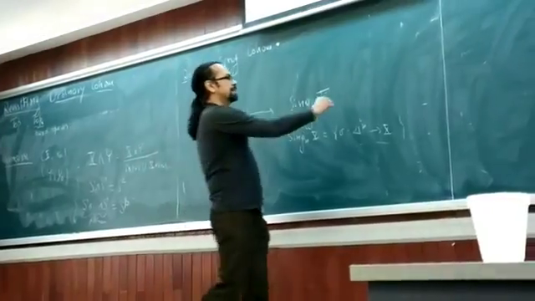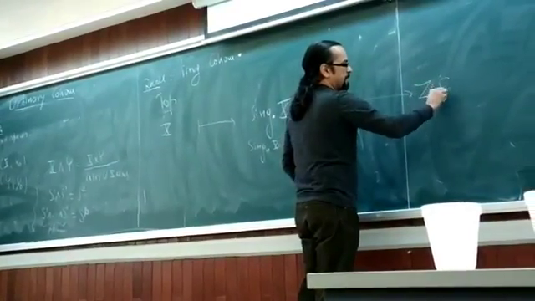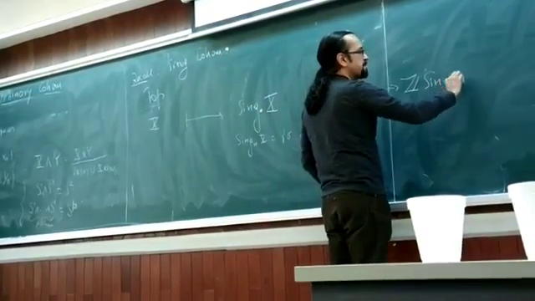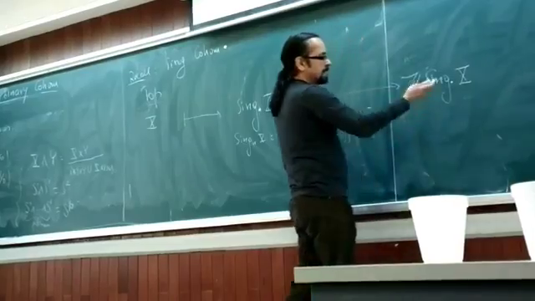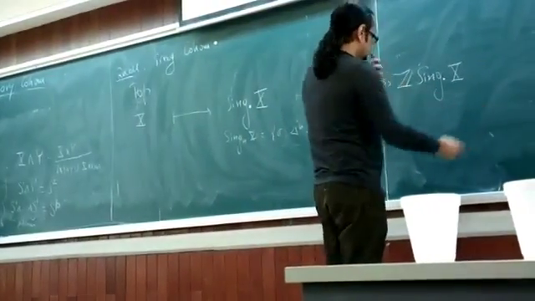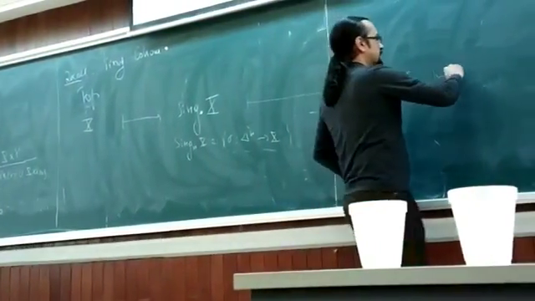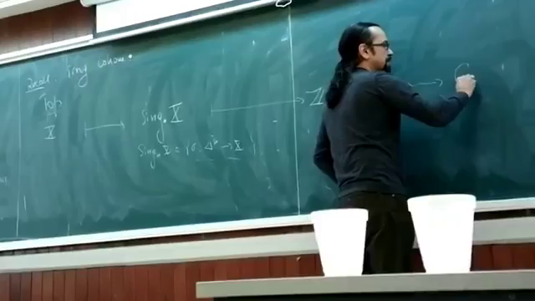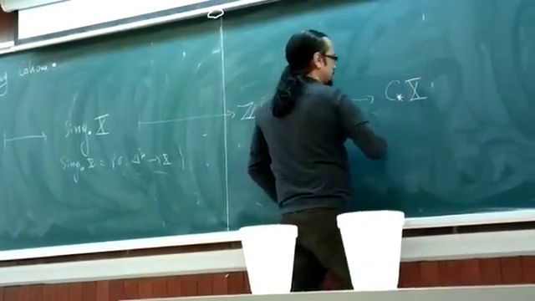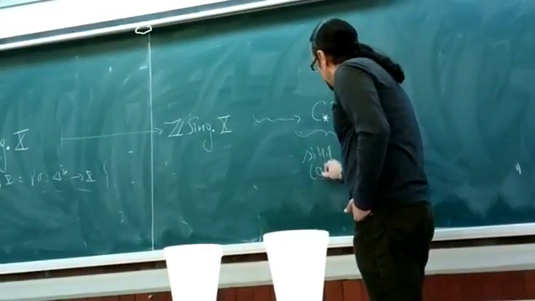And then, of course, you look at the free abelian group on it. This is a simplicial abelian group. And then anytime you have a simplicial abelian group, whatever that is, you can take the alternating sum of the faces, and then you get what we're used to, which is the singular complex of X.